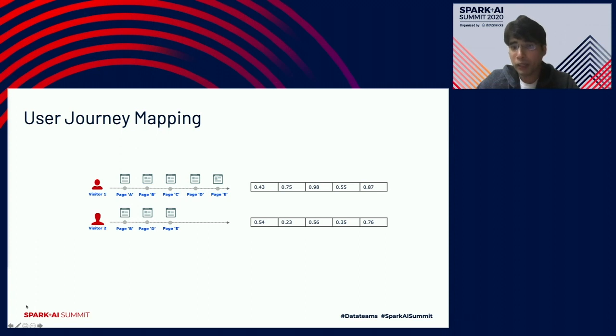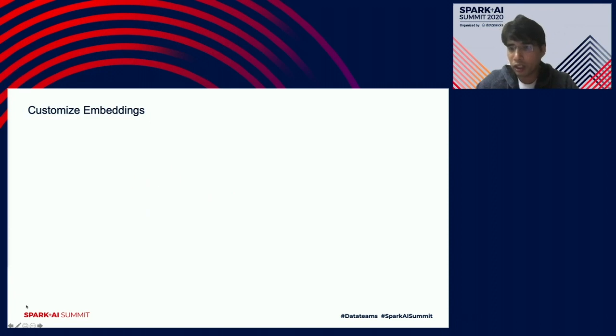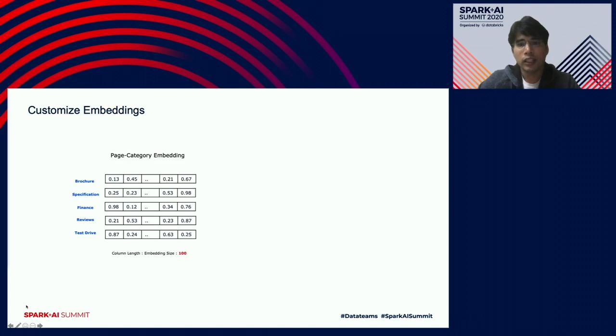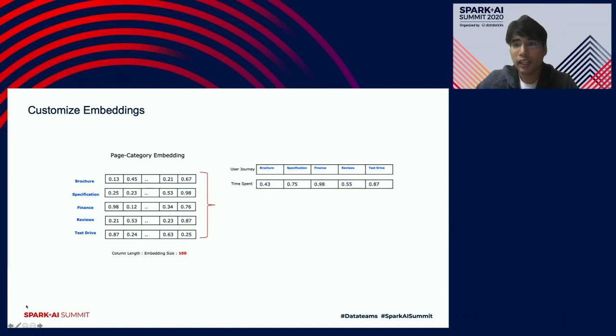But to make it more interesting, we add a little bit of additional information to these embeddings. Since we already have the time information, basically the time spent on each page of the website, we can add that information to these embeddings. So for a given user, this is the user journey, and for each of these page categories, we already know the time spent by the user.